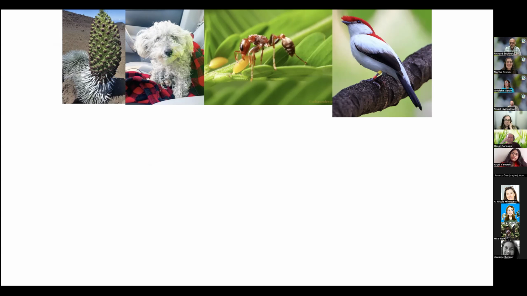And the description describes that evolved association between those two species. And the bird is the Araripe manakin. That's a male. And you can see how brightly colored it is. And they're highly endangered. They have a very small range, threatened by plans to develop a water park or something in Brazil. So a plant, a doggy, an ant, and a bird.